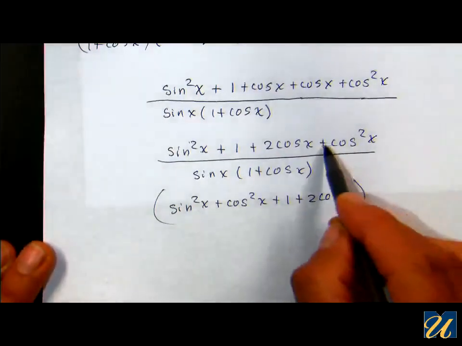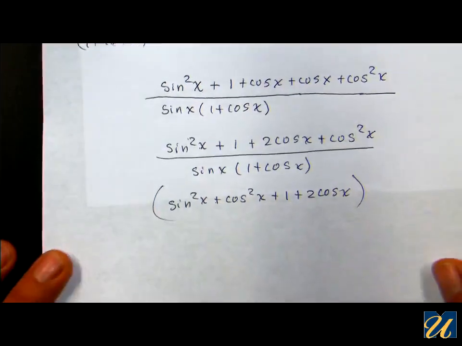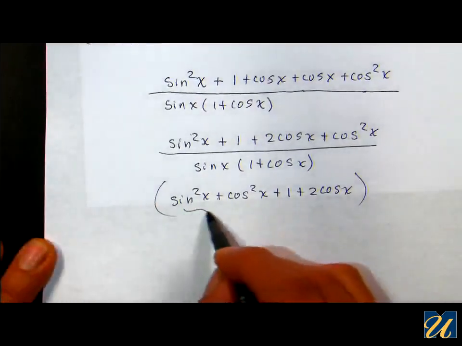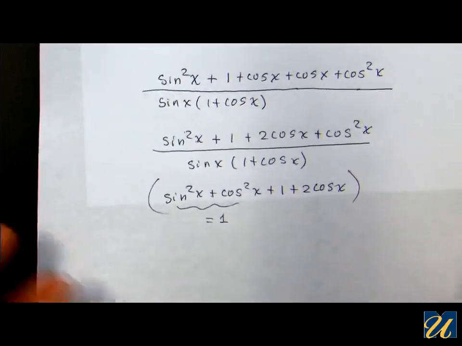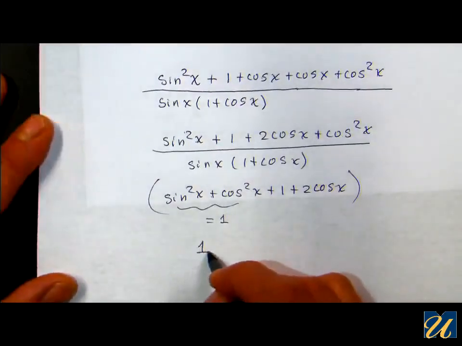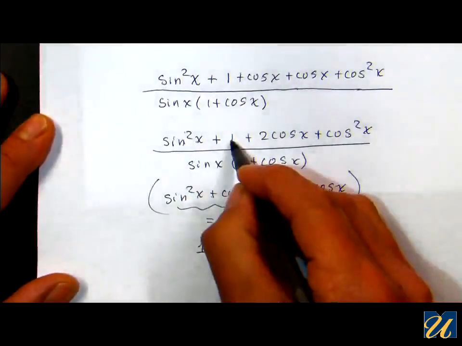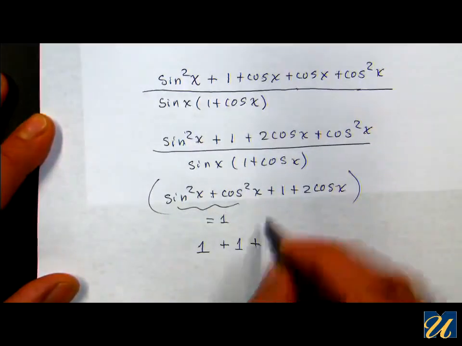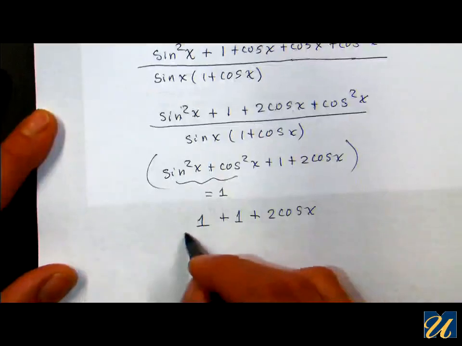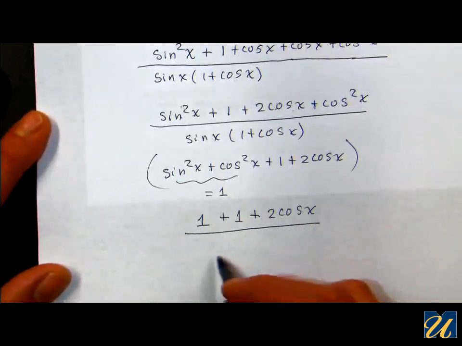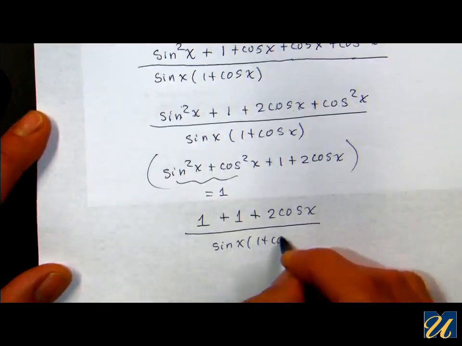But you got to make sure that that's a plus sign. You can't just put 1 there. You have to make sure it is already in existence. Well, this is equal to 1. So my numerator here is 1, that's sine square plus cosine square, plus this 1 here, plus 2 cos x. Okay, all divided by our common denominator, sine of x times 1 plus cosine of x.